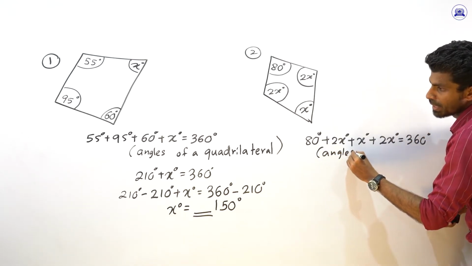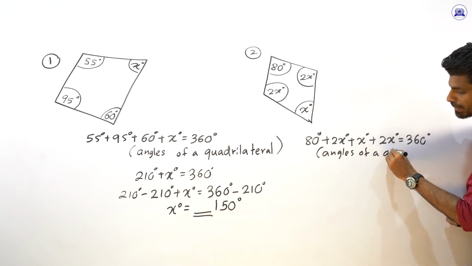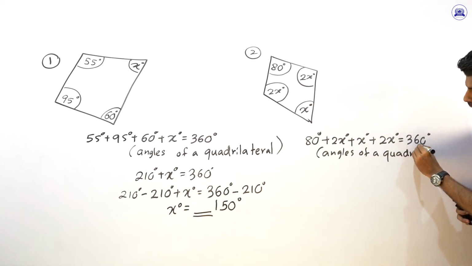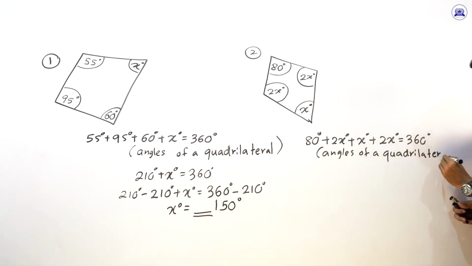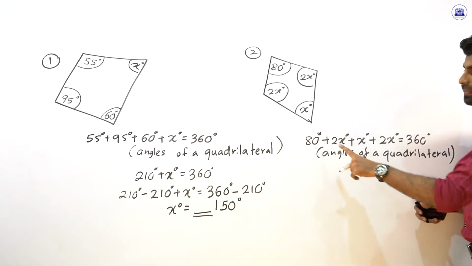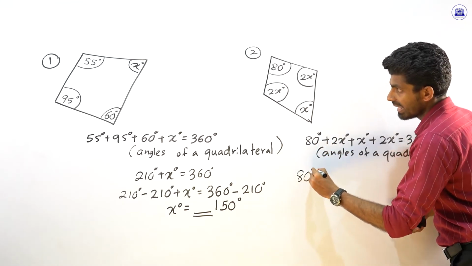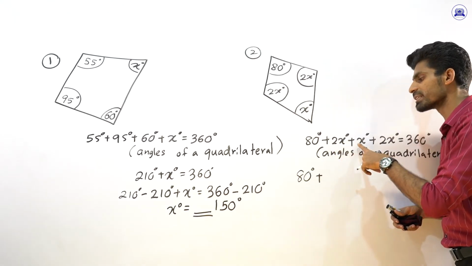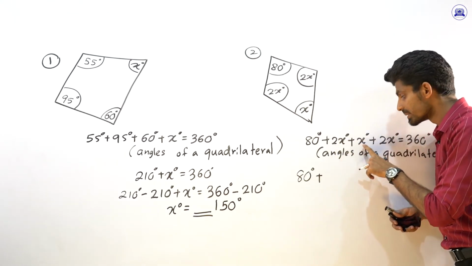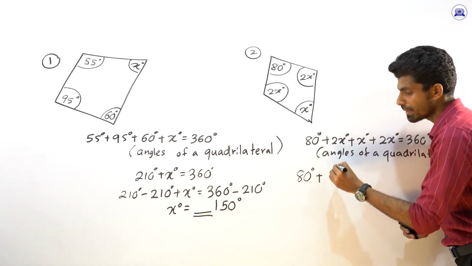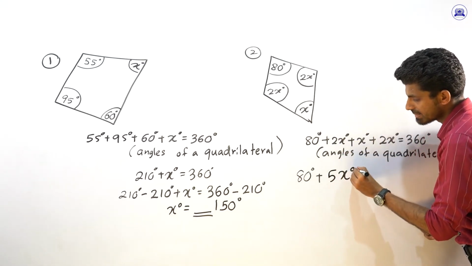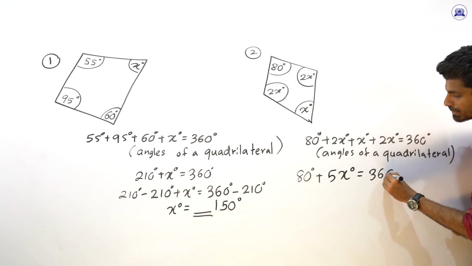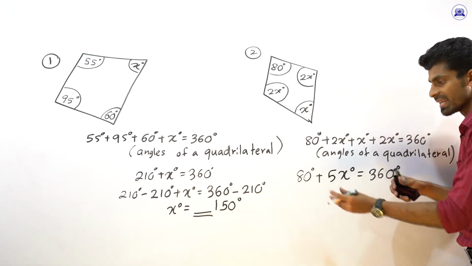Angles of a quadrilateral. 80 plus 2x plus x plus 2x: 2x plus x is 3x, 3x plus 2x is 5x. So 80 plus 5x equals 360.